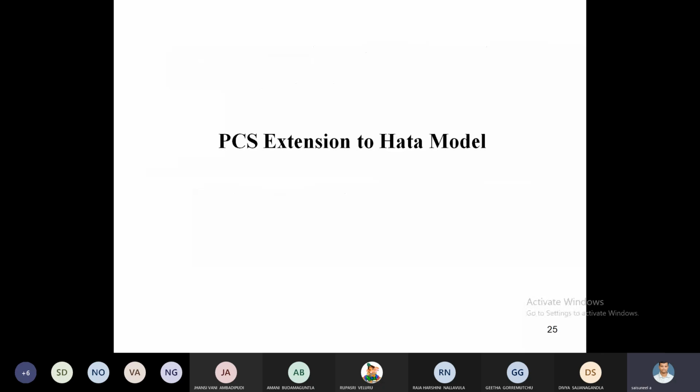Here in this PCS extension to Hata model, proposed by the European Cooperative for Scientific and Technical Research, EURO-COST. This is the generalized formula for path loss calculation for urban areas.